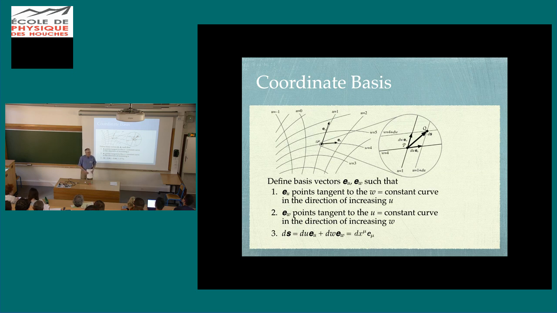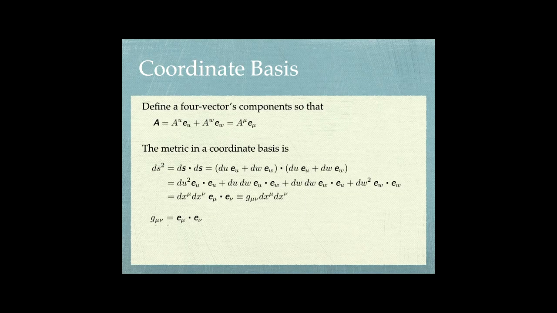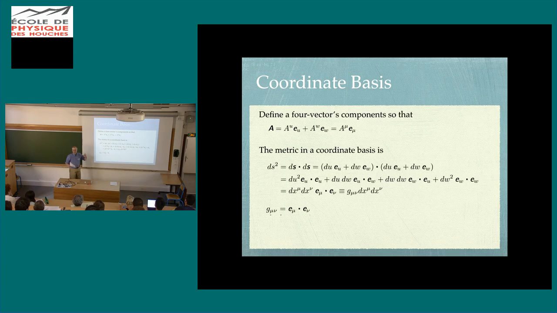Okay? So this is the way we're going to define a basis in an arbitrary coordinate system. And once we've defined such a basis, then you can define what I'm calling a 4-vector, but in our two-dimensional example, it will be a 2-vector. We're going to define the 4-vector's components to be the same kind of thing. The component is simply what you multiply times the basis vector in each case to get the vector.